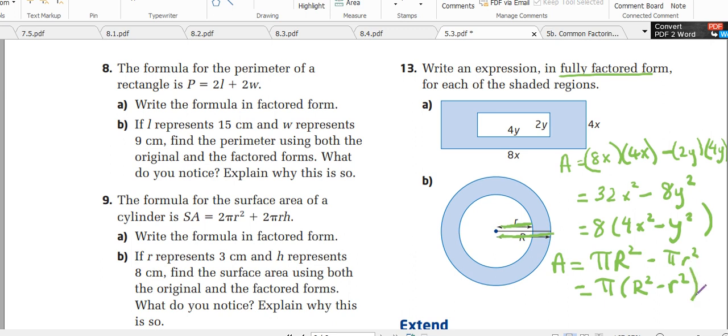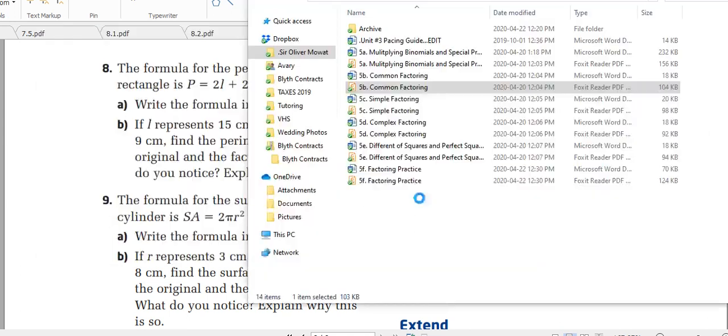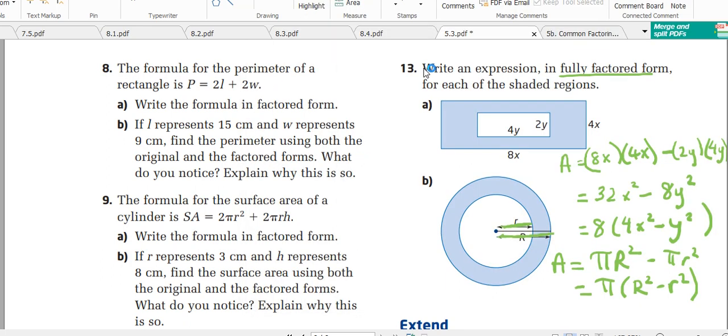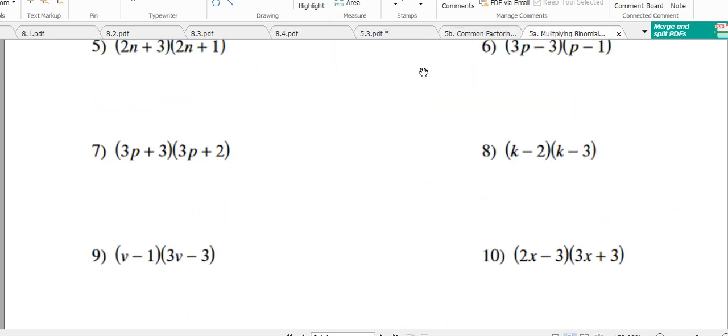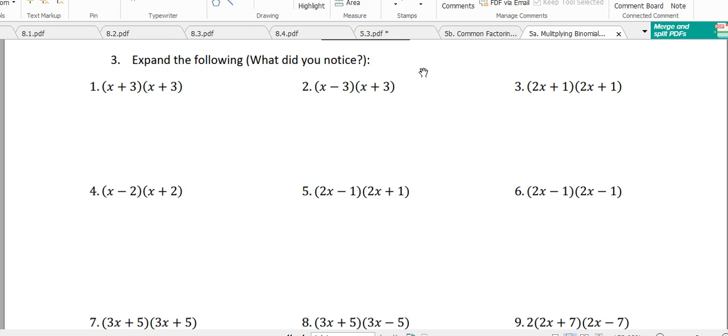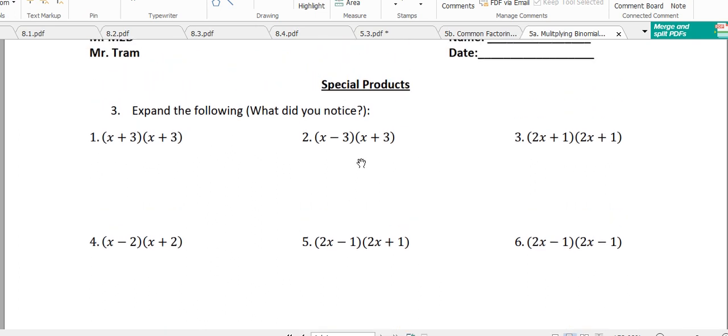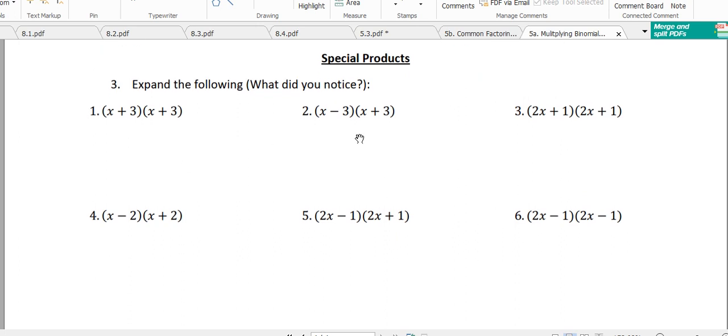Oh, wait, actually, we did talk about difference of squares up to this point, didn't we? Let me just check. The special products. Yeah, we did. So we didn't necessarily know how to factor yet, but we do know that if I were to expand this out, and I know we talked about this in 5a, this will give me x squared minus 9, right?